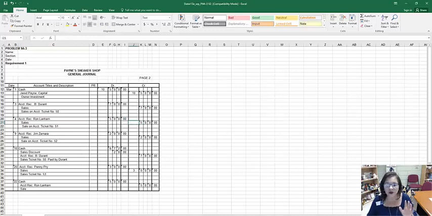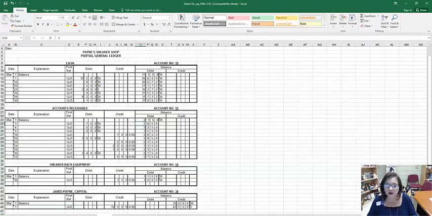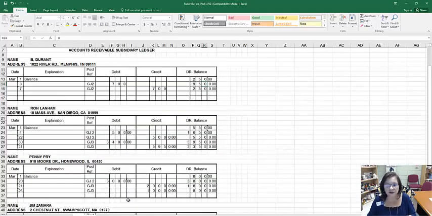You can either do it the other way. You can go to the ledger and put the $500 into the controlling account first, add it, so you have your new running balance, and then go to your subsidiary ledger and put it in for line item.